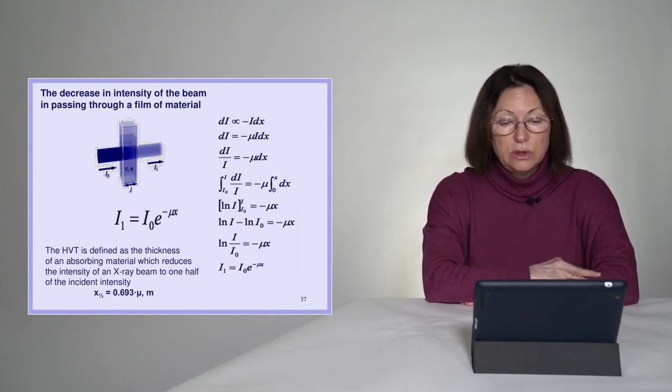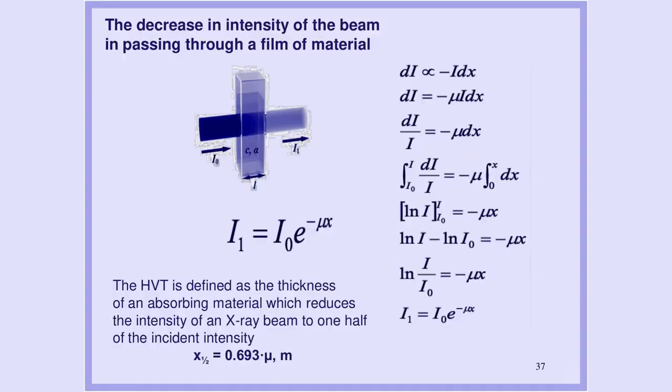For a non-divergent homogeneous beam of X radiation, the decrease in intensity of the beam in passing through a film of material is proportional to the thickness, marked here by x, and the linear absorption coefficient of the material, marked here by the letter mu.